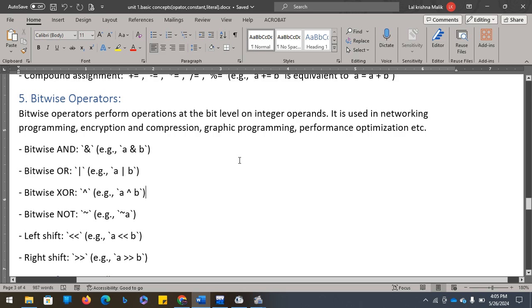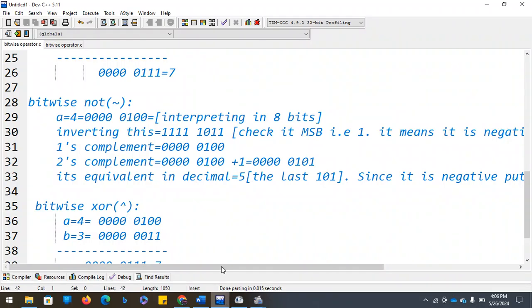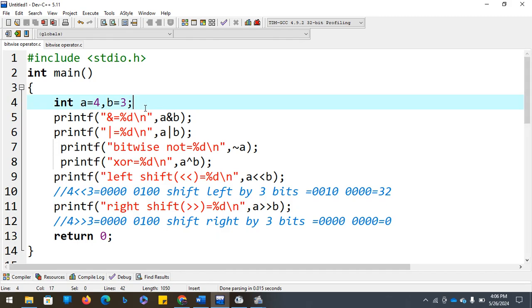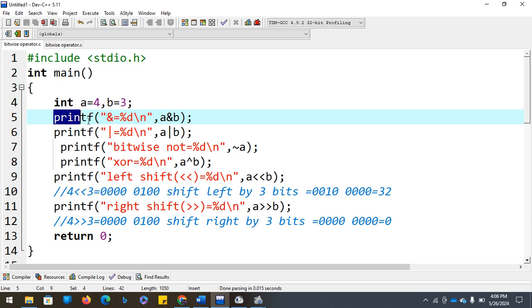Now, to understand this in a better way, let's take an example. We are taking two values, 4 and 3, for two variables a and b. We are going to print a & b.